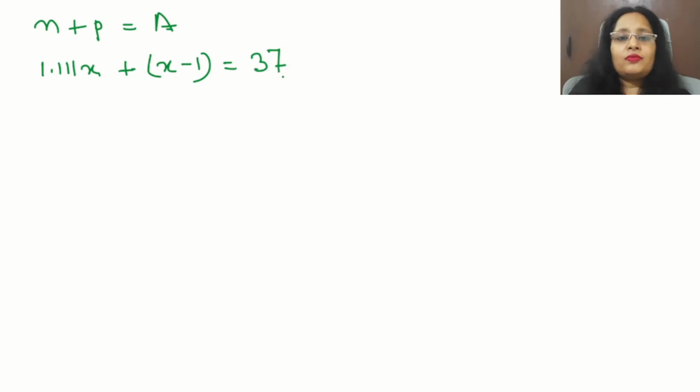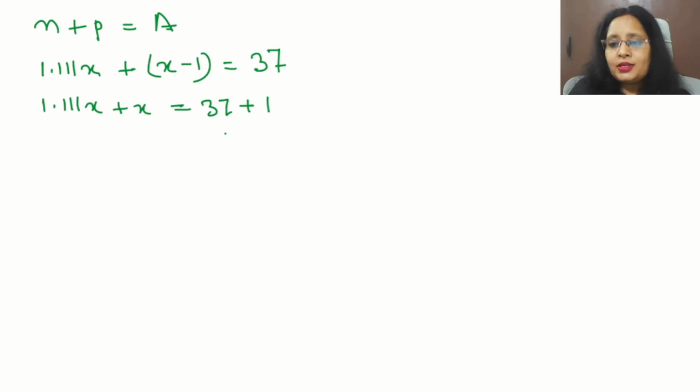This is for the ion. Now solve this. 1.111X plus X. Now this minus 1 will go to the right hand side, it will become plus 1 here. So add again. X plus 1.111X becomes 2.111X is equal to 38.